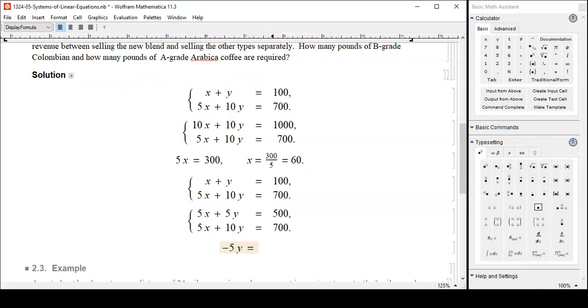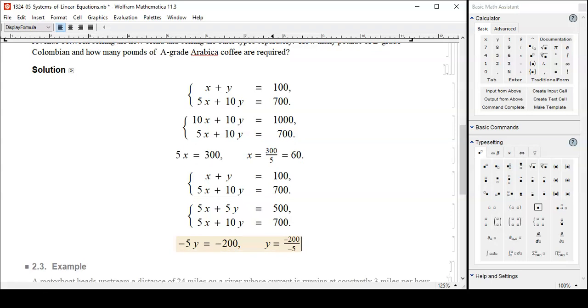And here, 500 minus 700, we get negative 200, right? Y is therefore negative 200 divided by negative 5, which is 40. So 40 pounds of Arabica. Same answer as before.